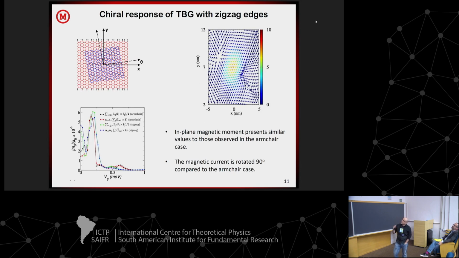Well, now we have a clear image of the physical process in our device. And initially, I showed the magnetic response for a nanoribbon, for a molecule with armchair edges. So now we want to check if this magnetic response is a general response and does not depend on the edge orientation. So we now change to zigzag nanoribbons.